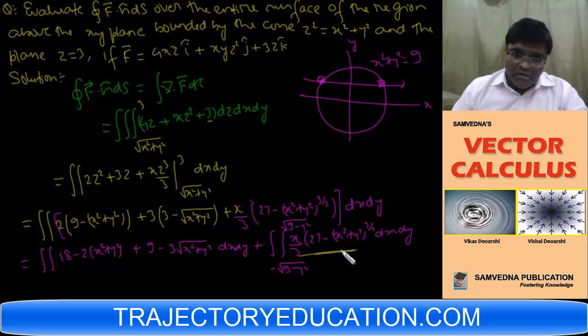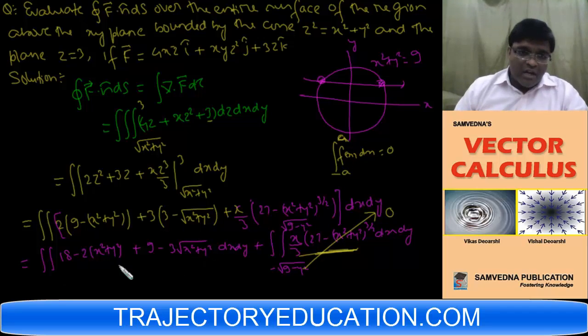So you see this. Earlier also we had this kind of thing. This is an odd function of x, and the limits are of the format minus a to plus a. So this integral will go to 0. As you know, integral from minus a to plus a of f(x) dx is 0 if f(x) is an odd function, and we can evaluate this integral.